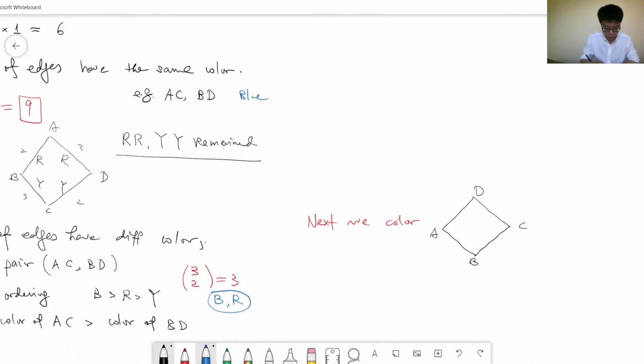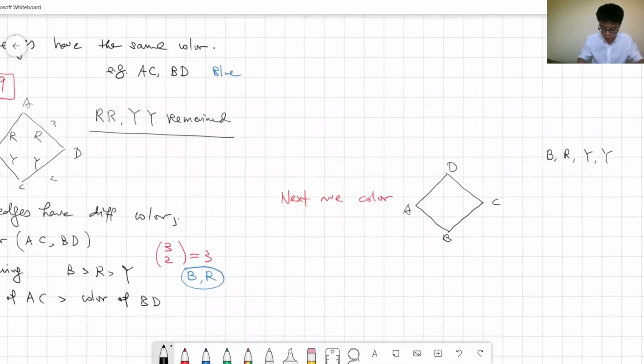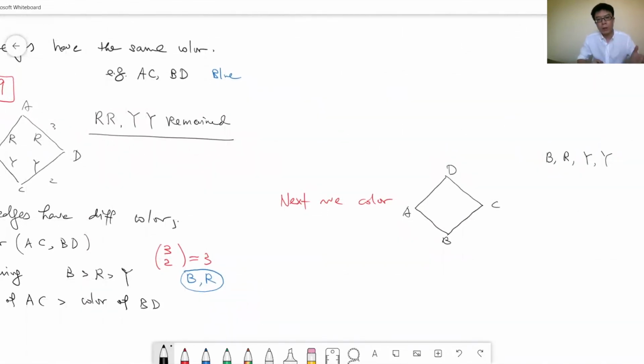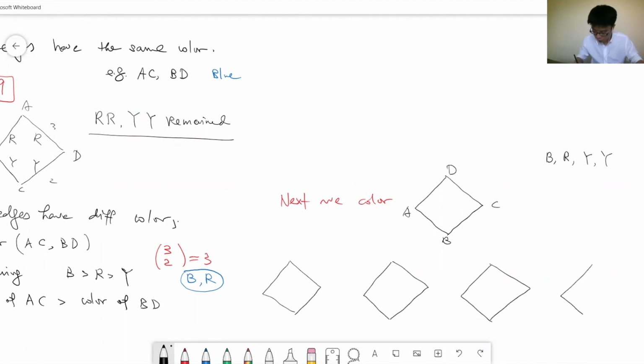So basically AC is blue and BD is R. And what remains, let me use B and R, and the two yellow to color the other four edges, right? Let's see how many ways can we color it. So these two yellow colors must be adjacent. Otherwise, we have a pair of the same color, so they must be adjacent. So it turns out that we have four ways to color it.